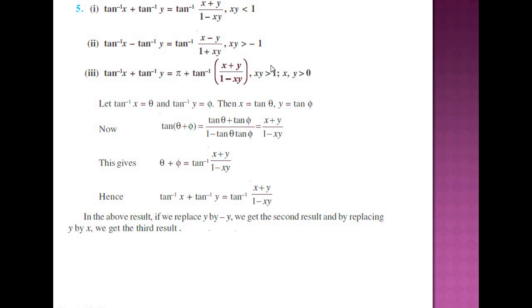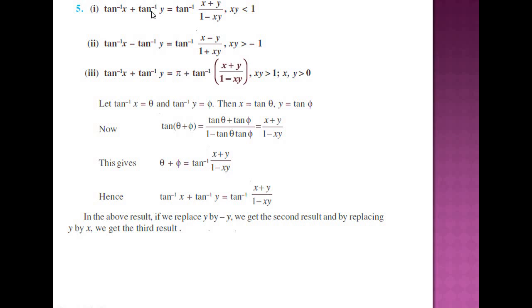Sometimes, if the product xy is greater than 1 and x, y are positive numbers, then instead of writing tan inverse of x plus y upon 1 minus xy, you have to add an additional pi. But this property is hardly used. Many a time we will be dealing with these two properties.